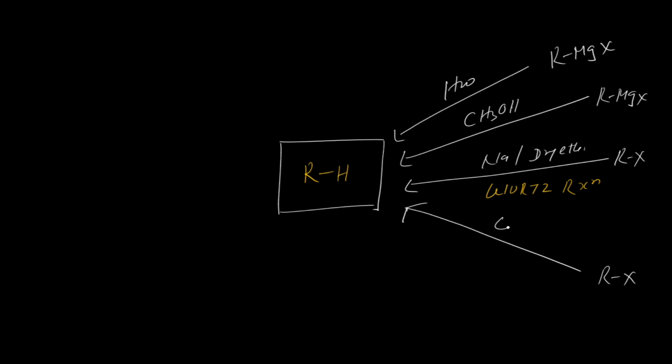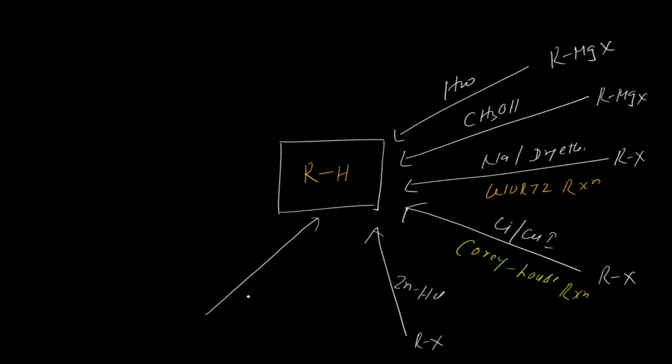Alkyl halide with lithium and copper iodide will also give you alkane. Now again, alkyl halide can be reduced with zinc and HCl. So this is also a method of preparation.